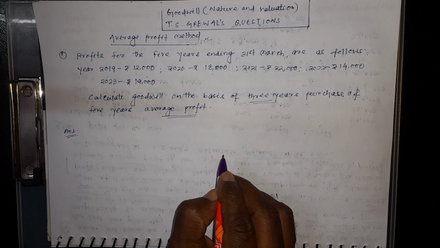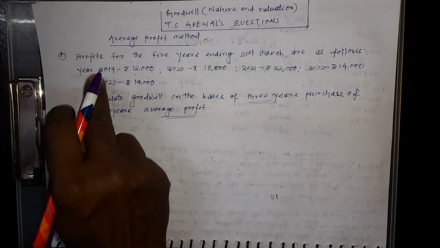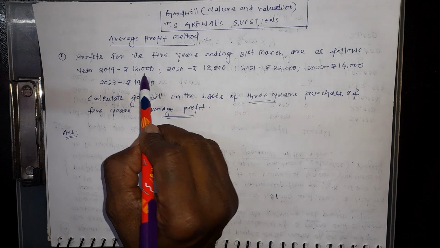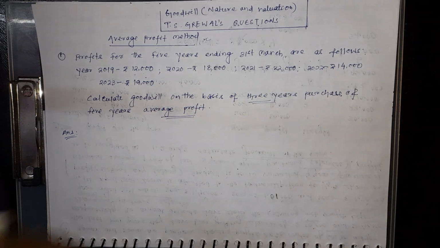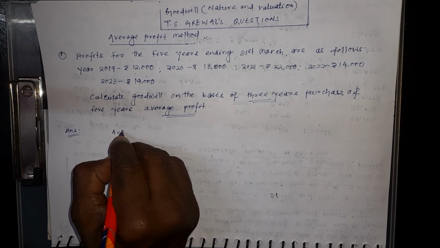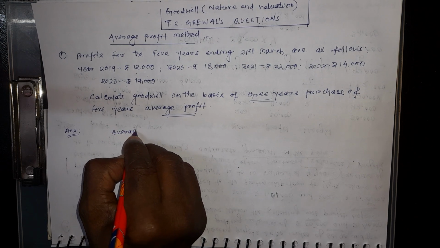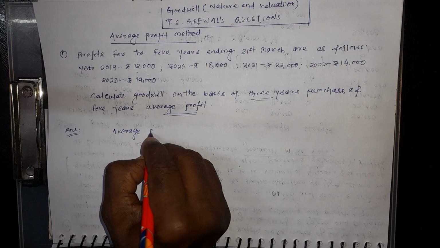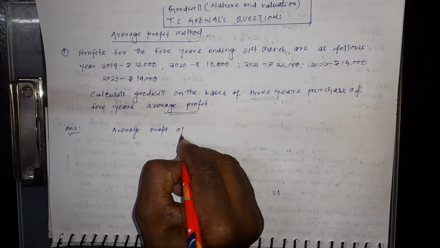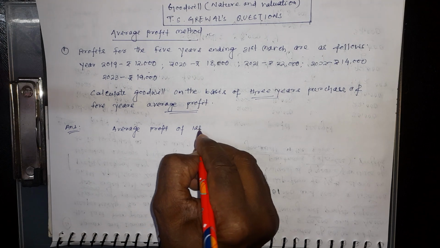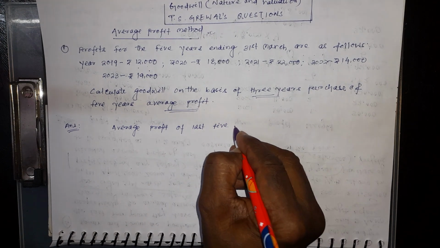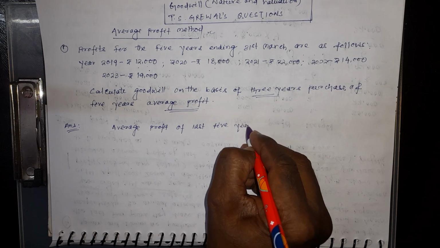First of all we have to calculate the average profit of the last 5 years, because 5 years profit is given: 1, 2, 3, 4, 5. Clear?